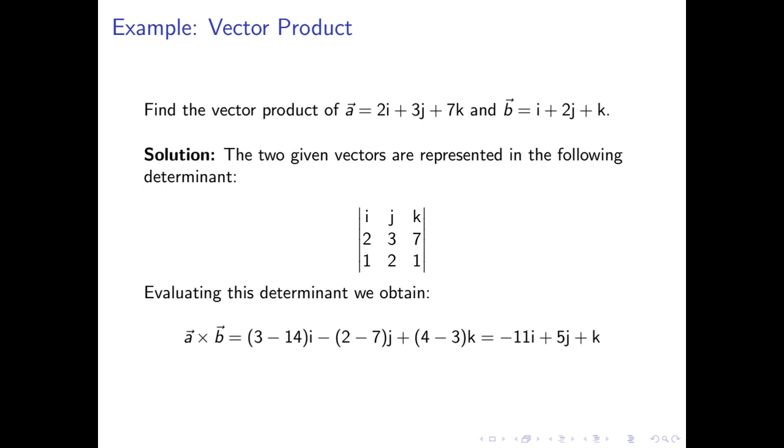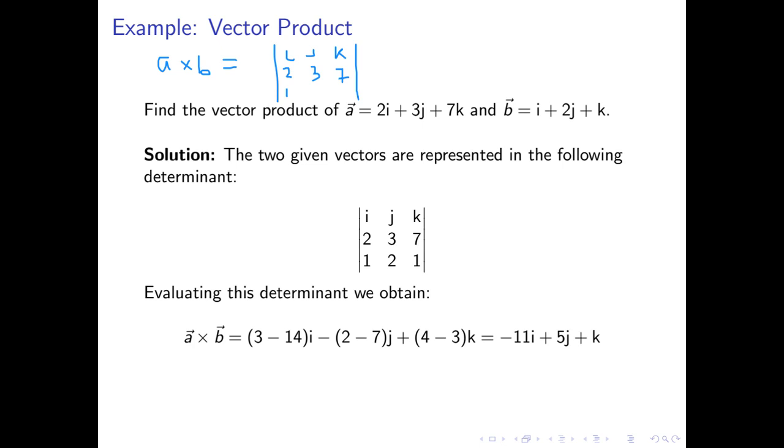We want to obtain the vector product between vector A and B. And the easy way is to use this determinant approach. Using the determinant approach, you just draw i, j, k for each of the components. A is 2, 3, and 7. For B it is 1, 2, and 1.